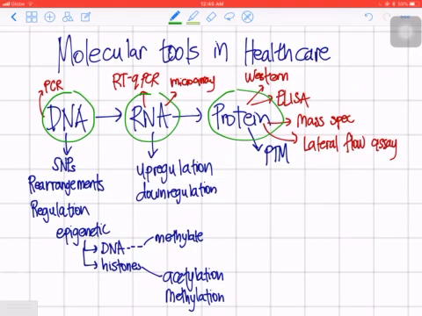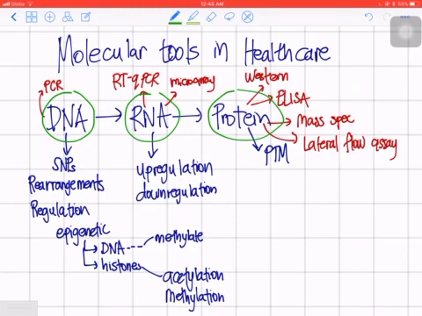Now, for DNA, you can have SNPs or single nucleotide polymorphisms. So, SNPs are single base pair mutations that can confer some pathologic activities to your DNA either by increasing its function or decreasing its function.